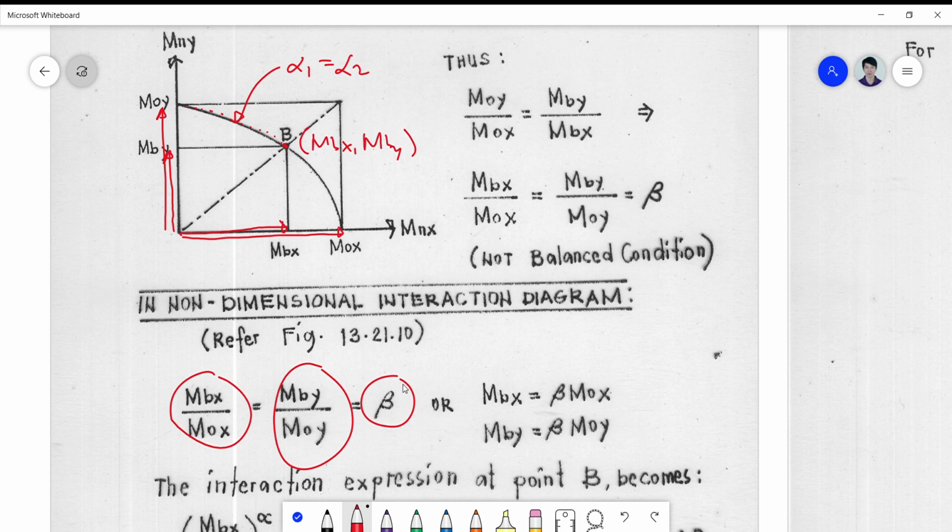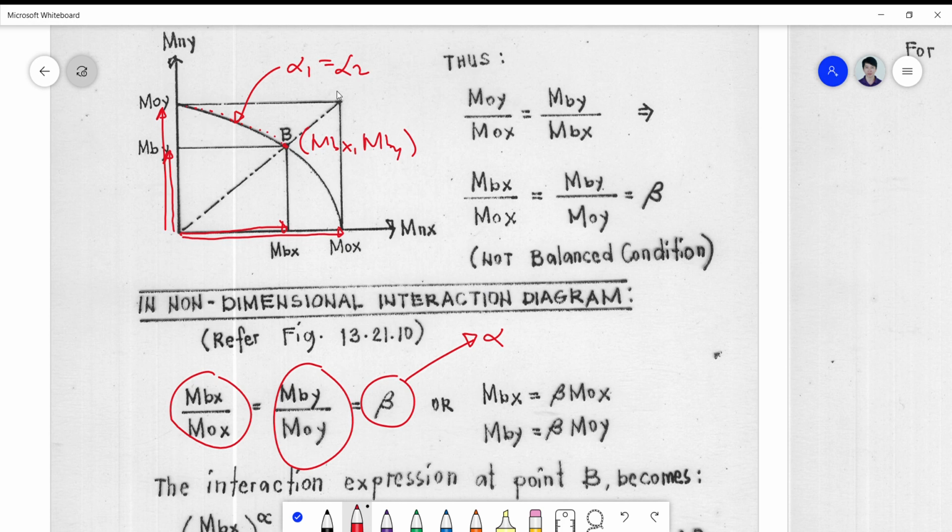And we will relate beta to alpha so that alpha will no longer be a suggestion of Bresler, but rather a situation wherein you have what you call a constant ratio.